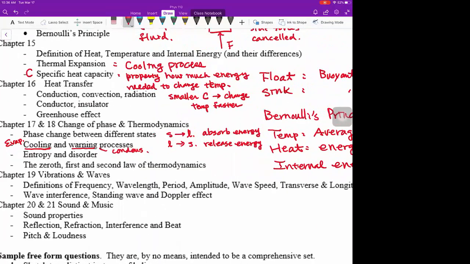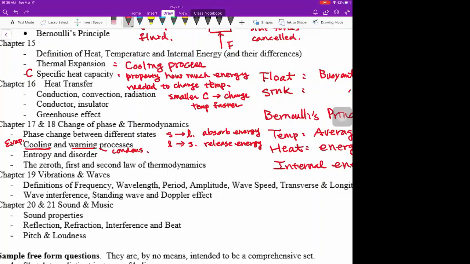The entropy, if you don't remember that, just review those topics. Entropy and disorder. Entropy is a way that we measure order or disorder. Normally in nature, things tend to be more disordered, and entropy is a measure of disorder.